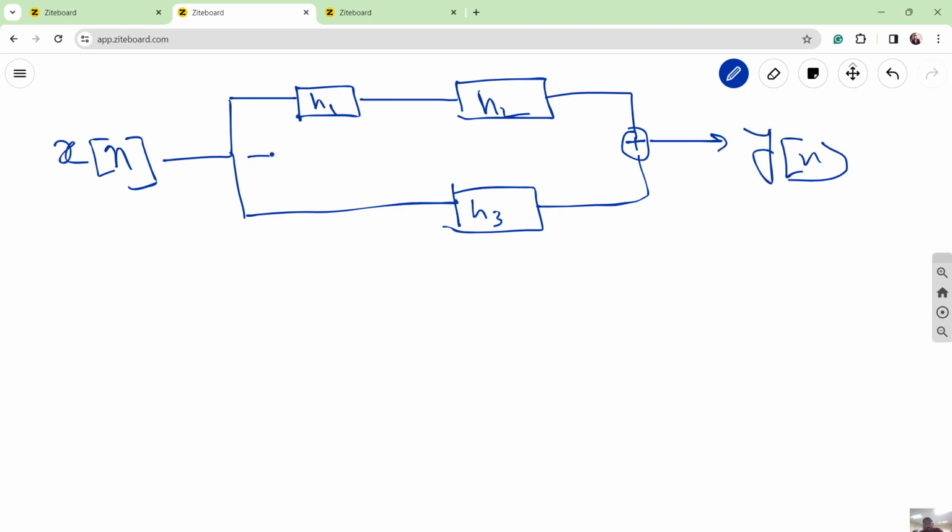So for this first branch, it goes like this. In the second branch, the same signal goes through this box. And then these are sums up.